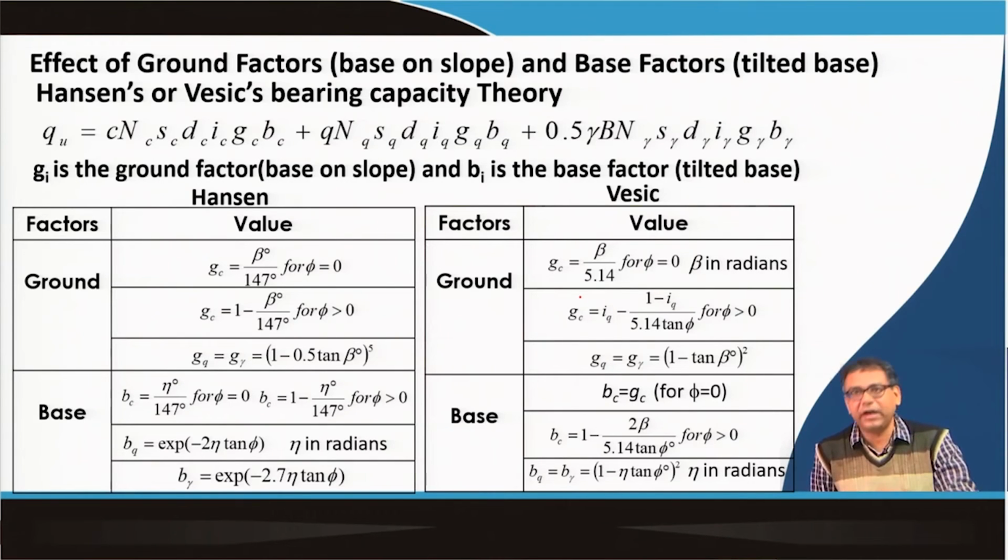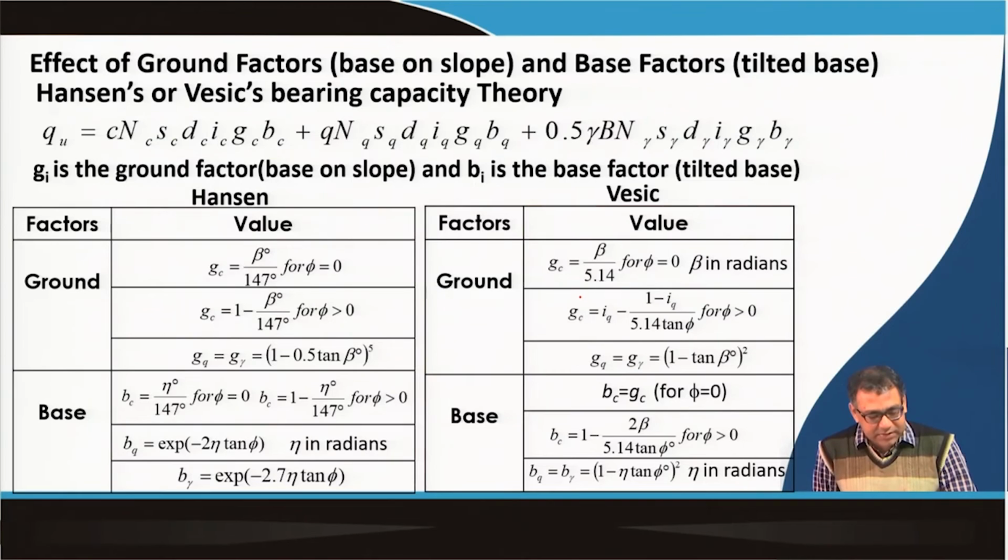Now, 2 more factors are introduced by Vesic and Hansen, that is G and B. G is the ground factor, for a foundation on a slope, and B is the base factor, for a tilted base. So, that means Sc, Dc, Ic, Gc, Bc.